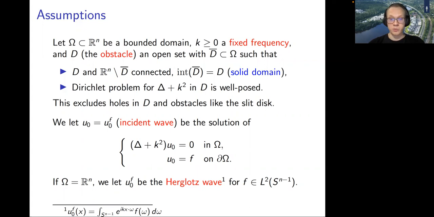But all of these results apply to scattering, so we can also take omega equal to R^n, and then this U0^f would be the Herglotz wave associated with the function f on S^(n-1). The definition of the Herglotz wave is in the footnote. Okay, so let's go to the results.